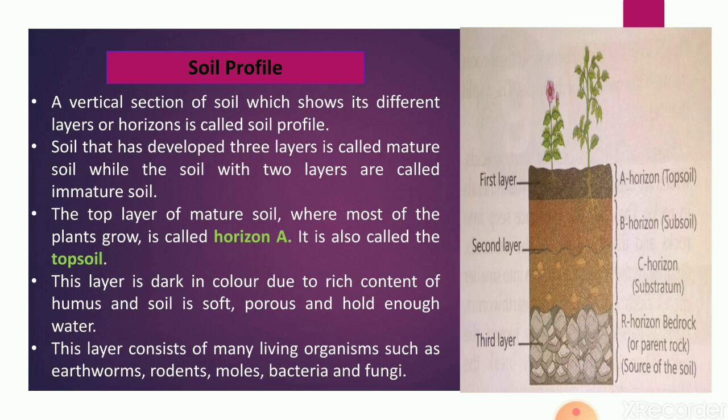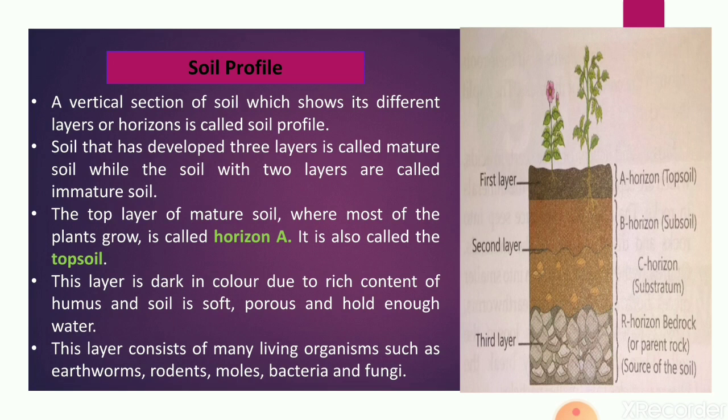And because of humus, which is organic matter, some minerals are also present in that layer. That is why this layer is very rich in nutrients, and this layer of soil is soft, porous, and holds enough water. That is why topsoil, or horizon A, is a very fertile layer of soil.